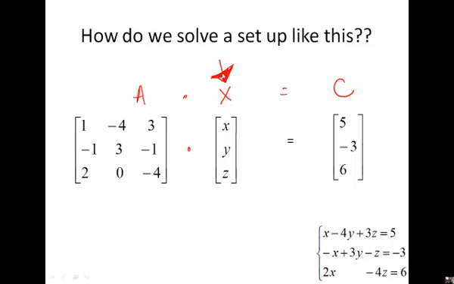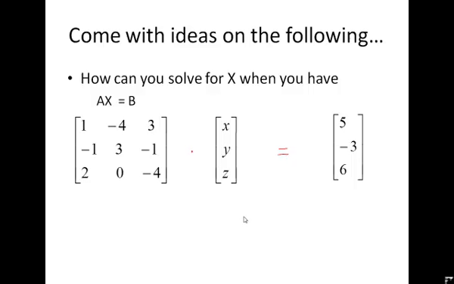Considering everything that we've learned in the last few sections, how can we get this x by itself, just a lonely x is equal to something? So when you come to class tomorrow, prepare to discuss the following of how can we solve for this matrix? How can we get this by itself?